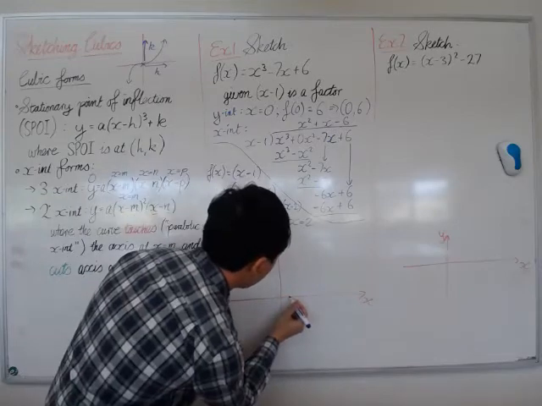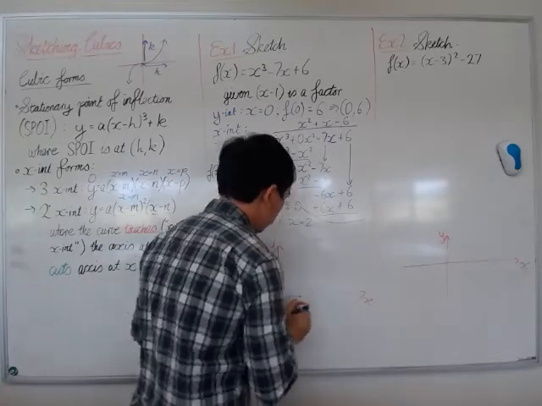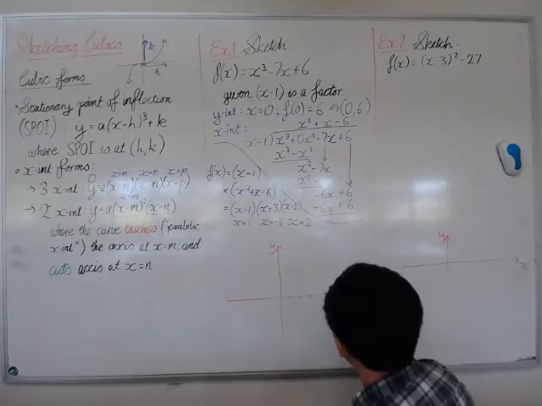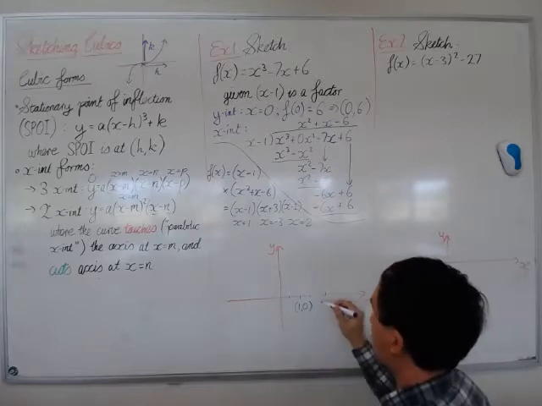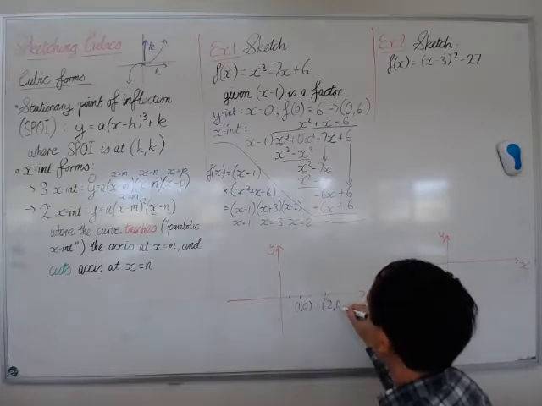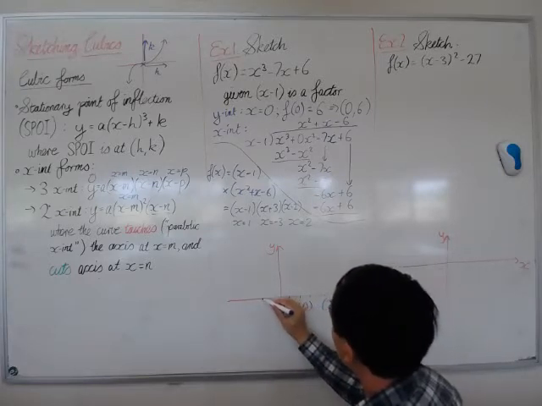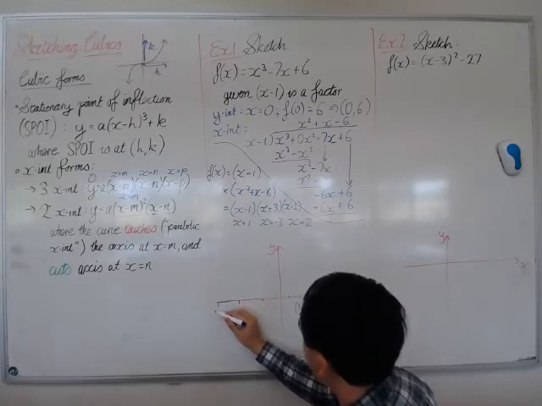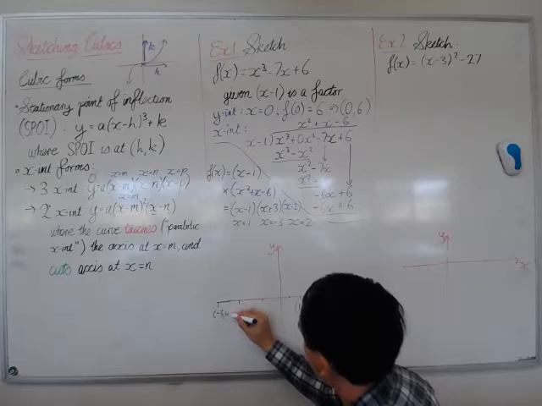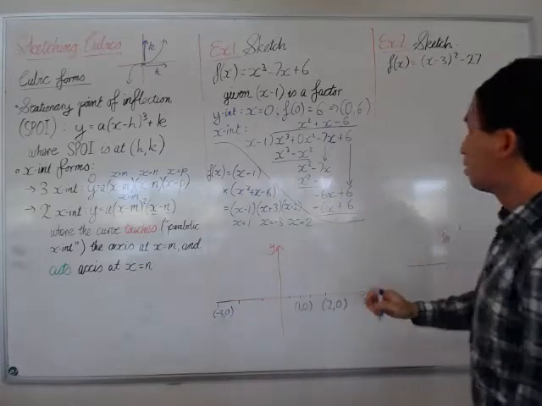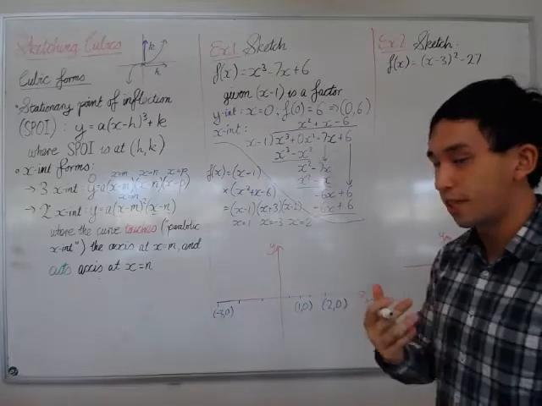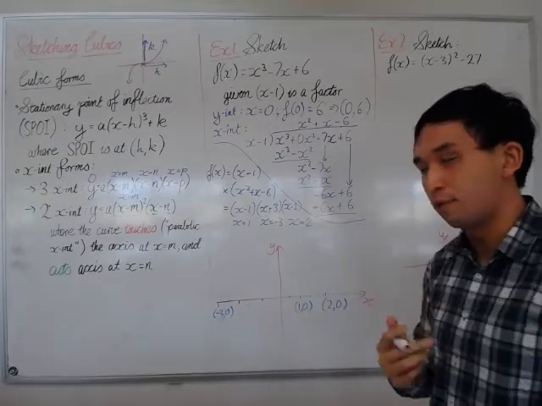There's (1, 0), (2, 0), let's go out here, (-3, 0). We also have our y-intercept here, (0, 6). It doesn't have to be to scale, remember, it's just about labeling the key features.